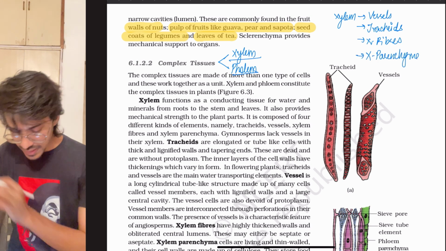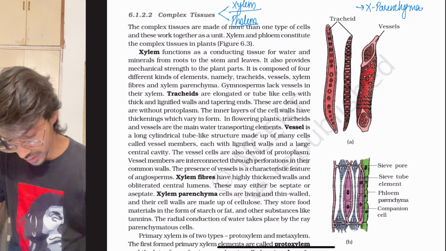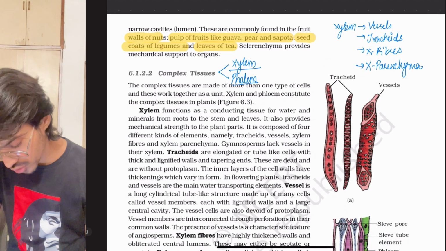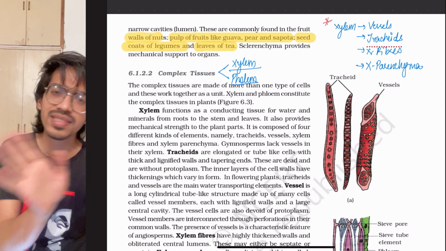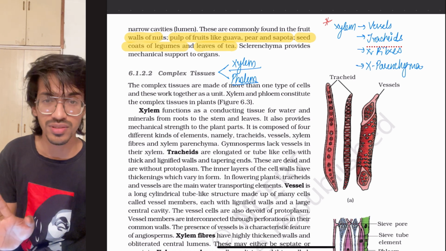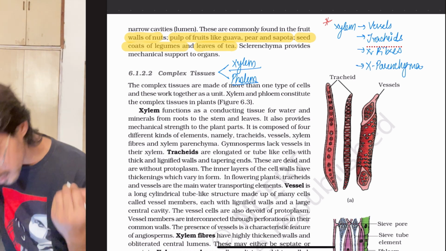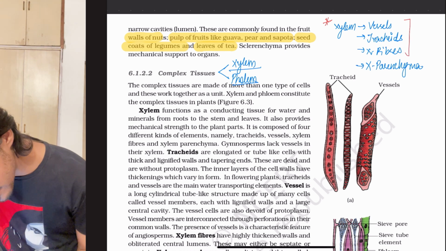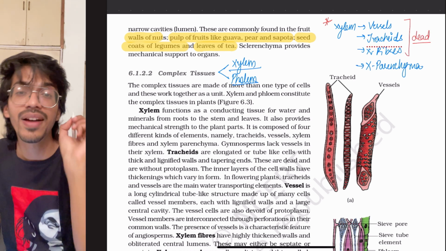Now the next thing you have to remember, which is the most important over here. If you forget anything, do not forget these pointers. I'm telling you only the pointers which you shouldn't forget. Statements you have to read. In this, these three are dead. If they are dead, it means they are highly lignified.